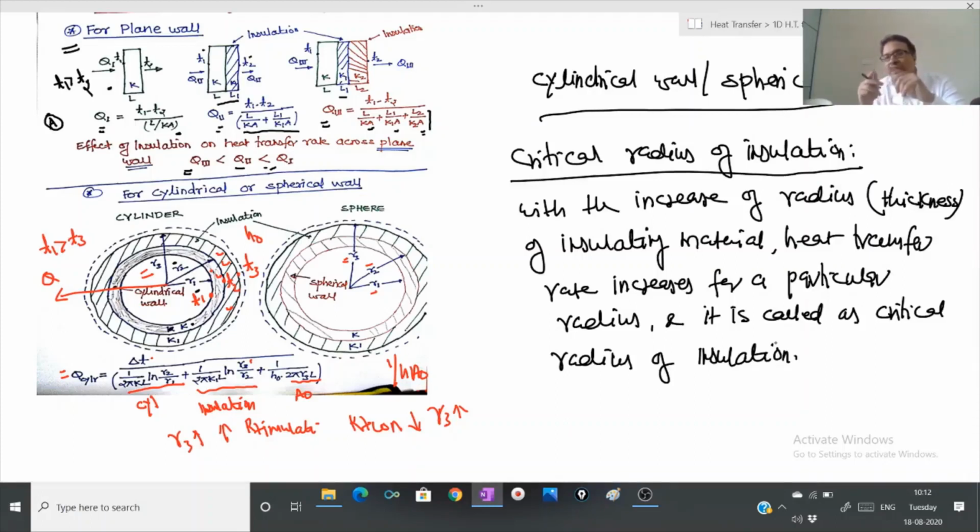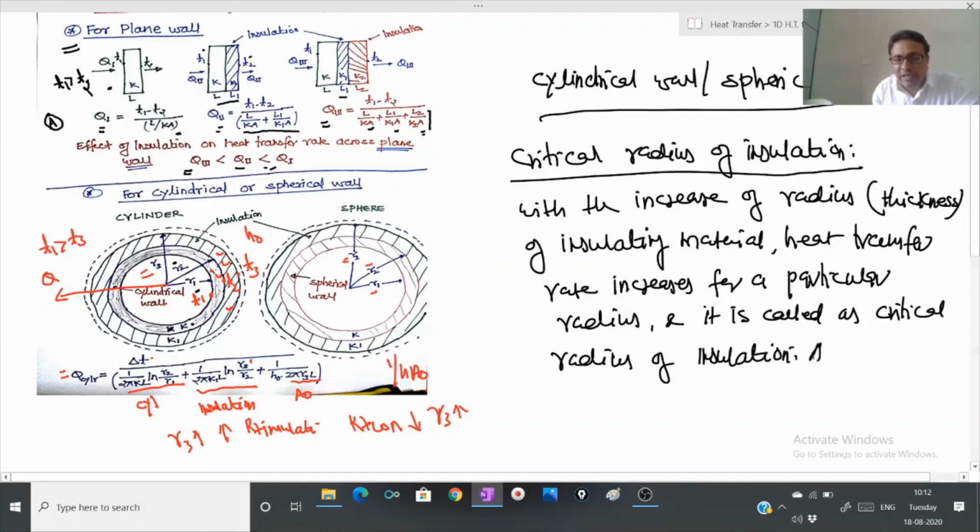Beyond that radius, if you further increase the radius of insulation, the heat transfer rate decreases. So the radius at which the heat transfer rate is maximum is called the critical radius of insulation.